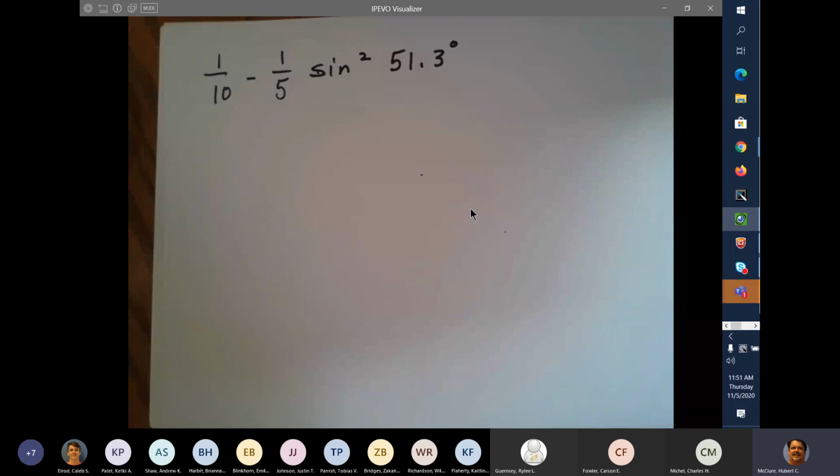Okay, the first thing I would do on this problem is factor out a 1/10. Okay, because you want it to look like one of the identities.